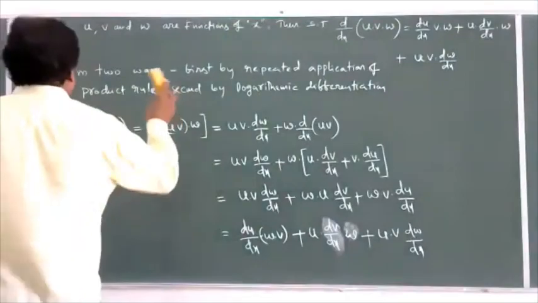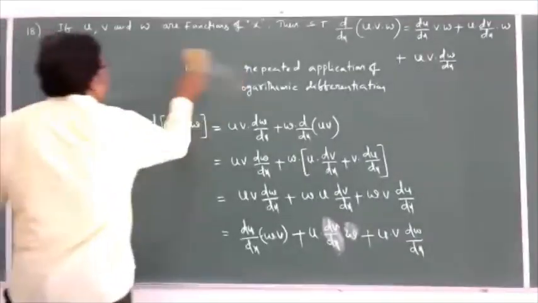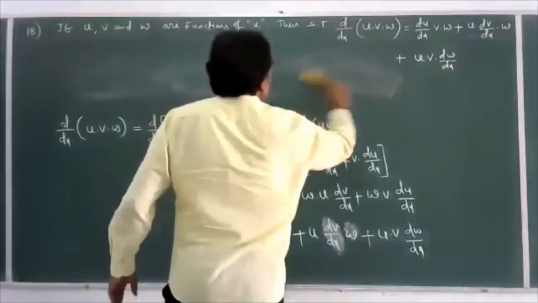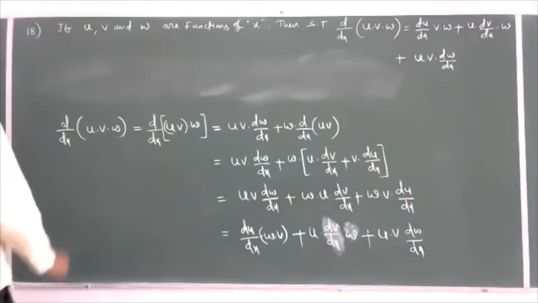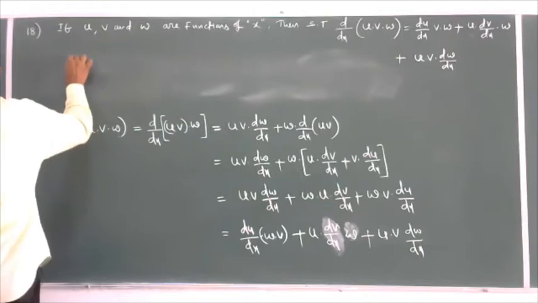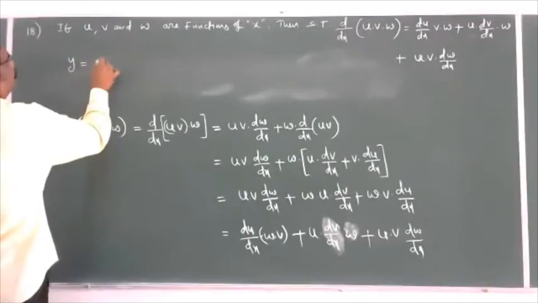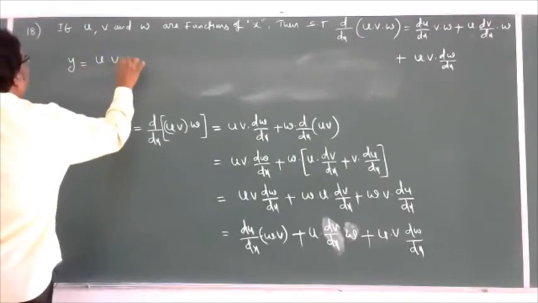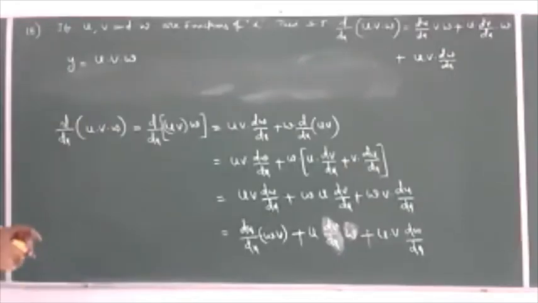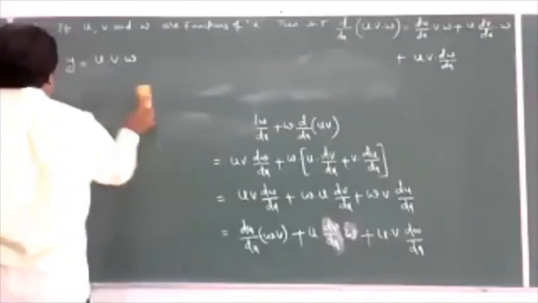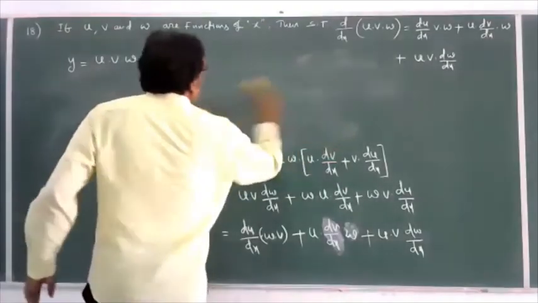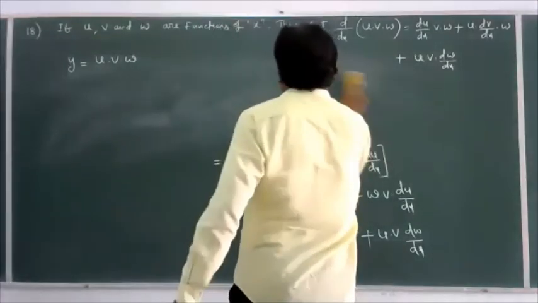Next, the second method, by taking logarithms. By taking logarithms, first the given function, you consider y is equal to u into v into w.